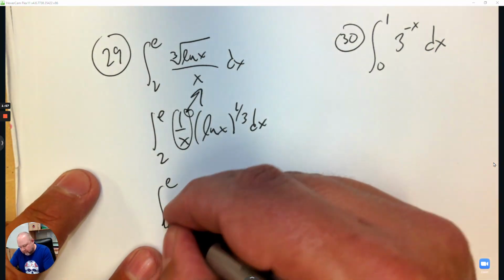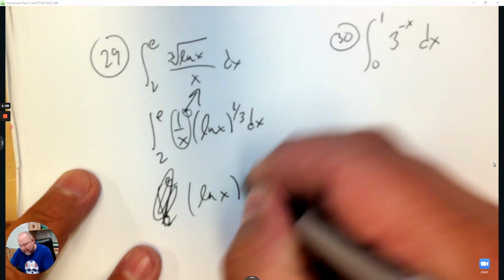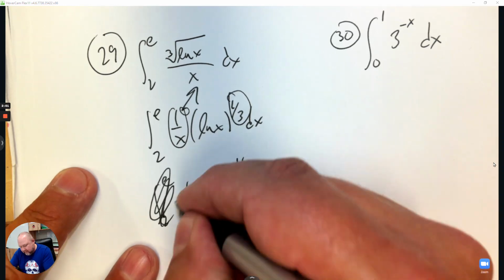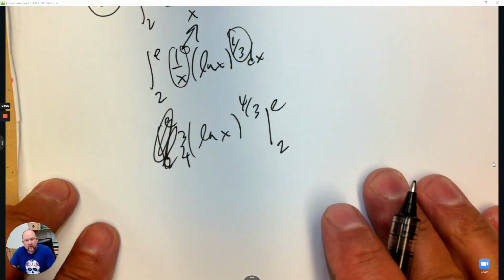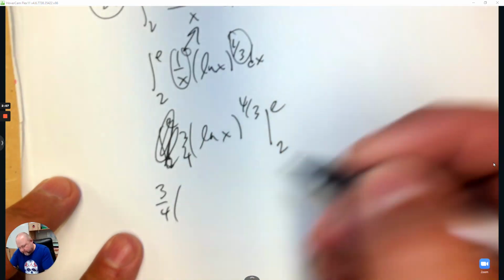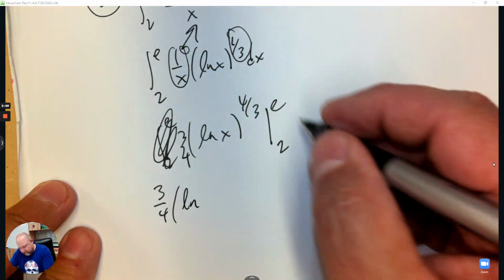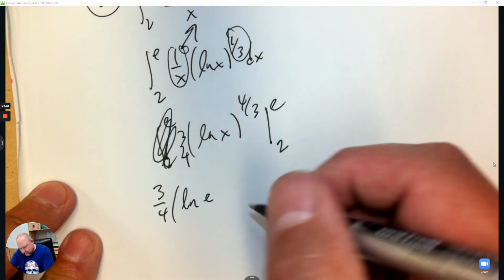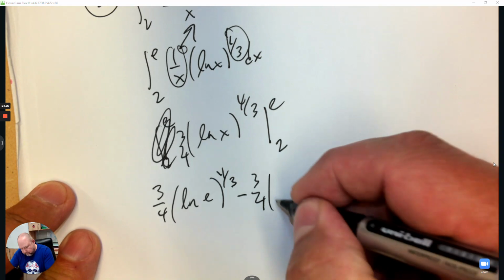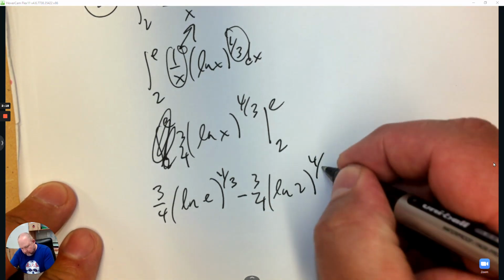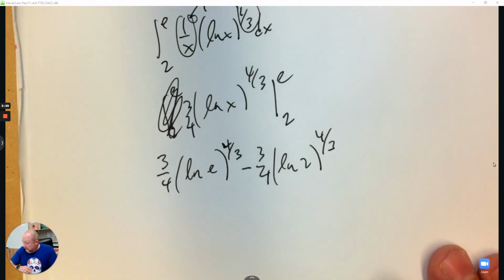And then I add 1 to the exponent and divide, or the reciprocal, and then plug in. And there you go.